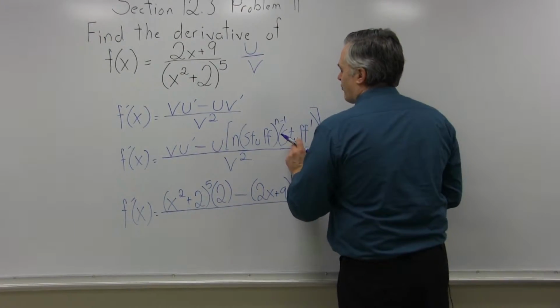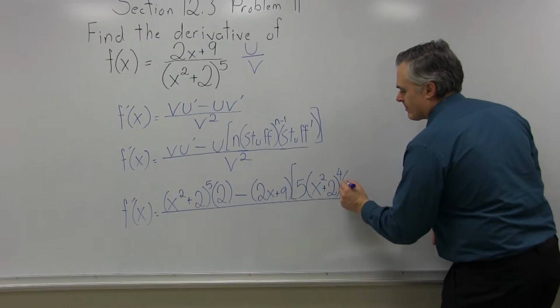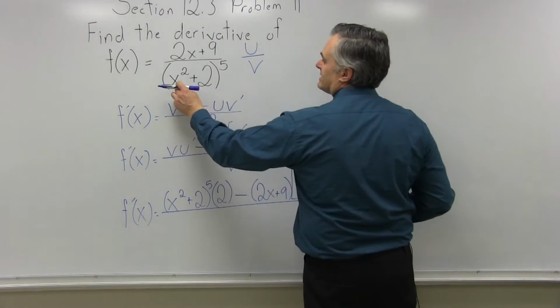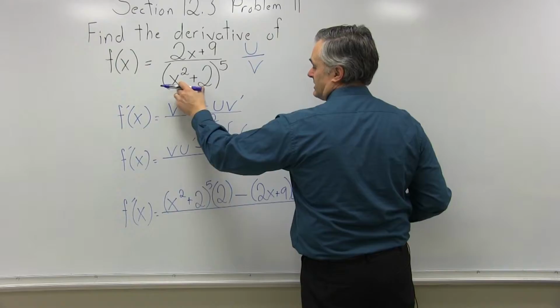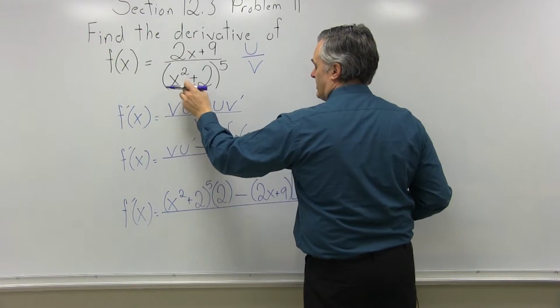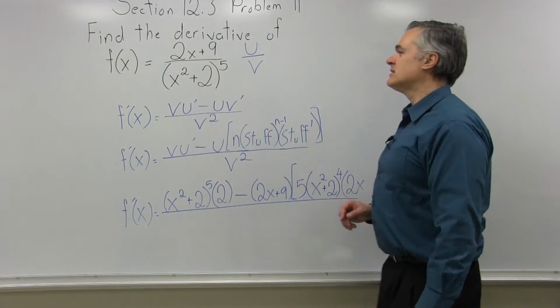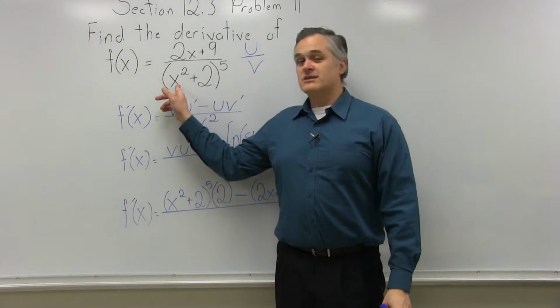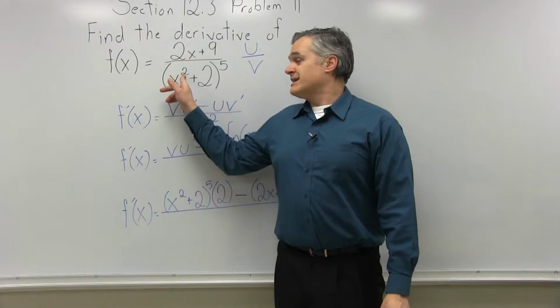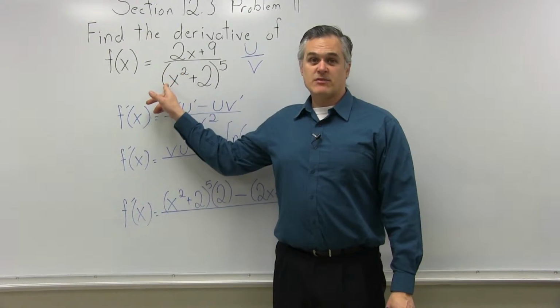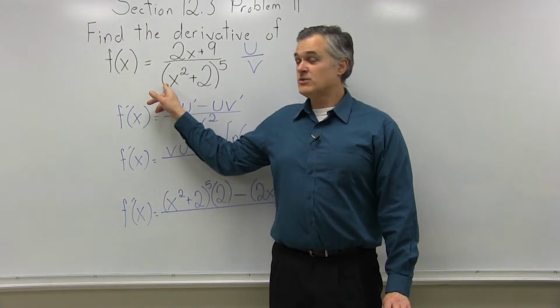Then stuff prime. So the stuff in this case is x squared plus 2. So stuff prime, the x squared has a derivative of 2x to the first. Now again, why is the derivative 2x to the first? It's the exponent of 2 that comes down times the number in front, which is not written but understood to be 1.